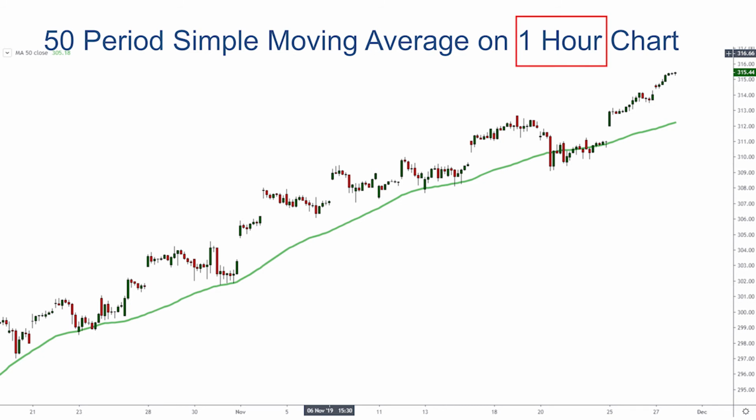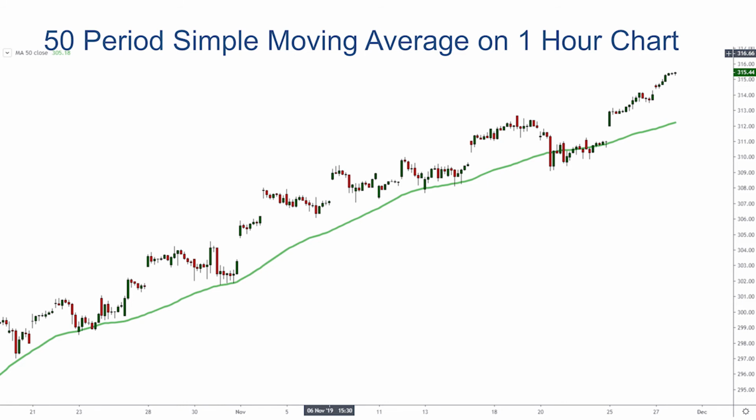And so now this kind of zooms in like a magnifying glass on the trend. And so you can utilize moving averages in the same manner as we did on daily charts on any time frame. So in this situation, you can see a 50-period moving average. Now notice we went from 50-day moving average to 50-period because now we're averaging 50 one-hour candles to get the trend line behind it.